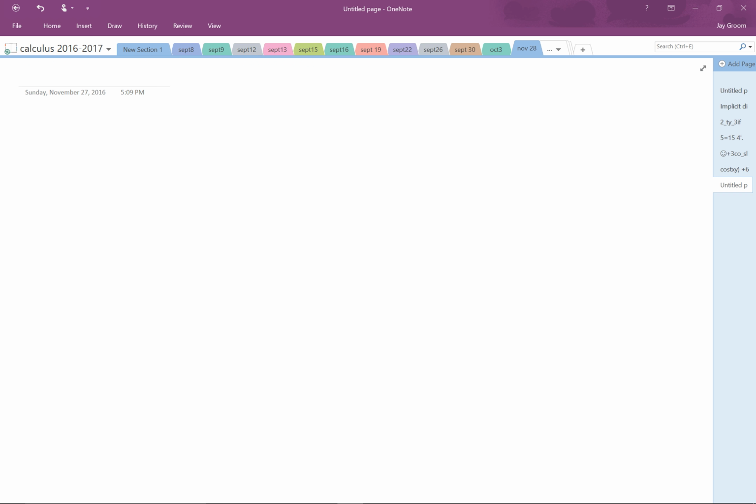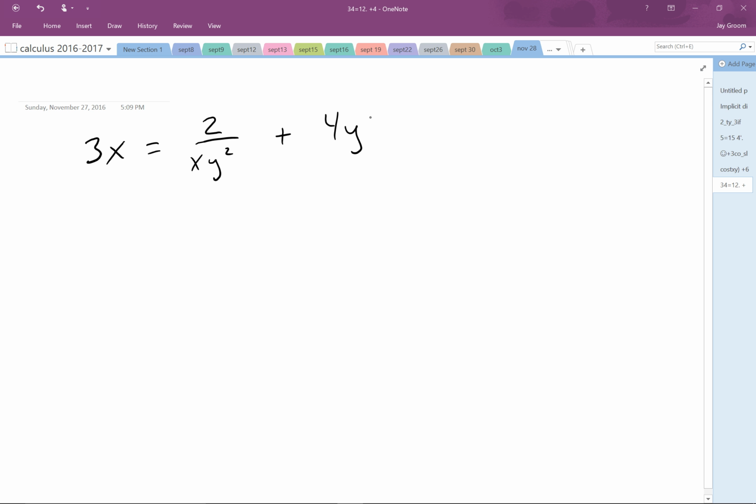You could do something like 3x equals 2 over xy squared plus 4y cubed or something. So this is just going to be 3 equals, and then this, of course, could be written a couple of different ways.